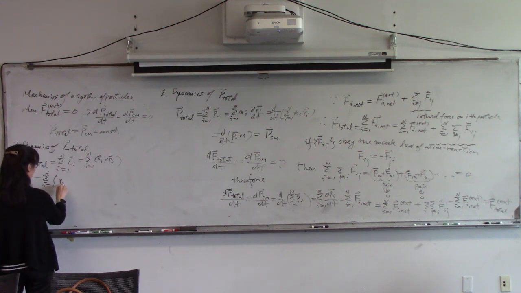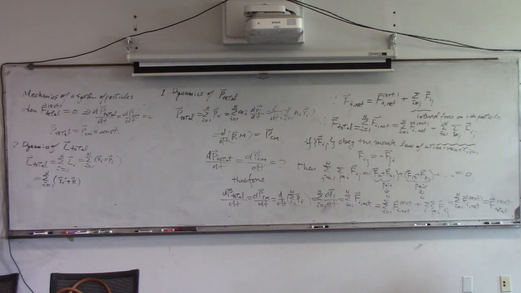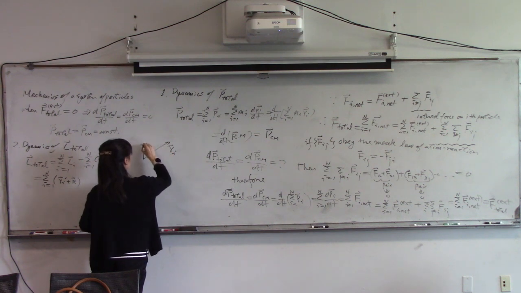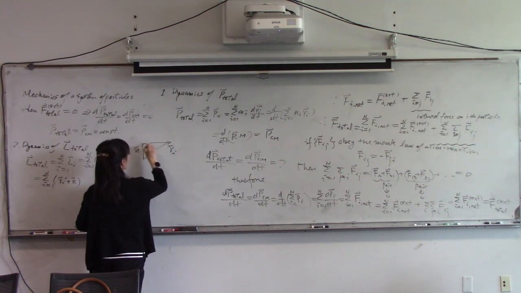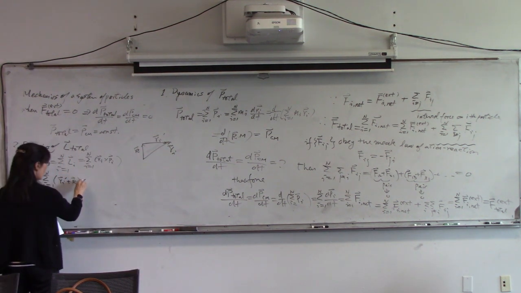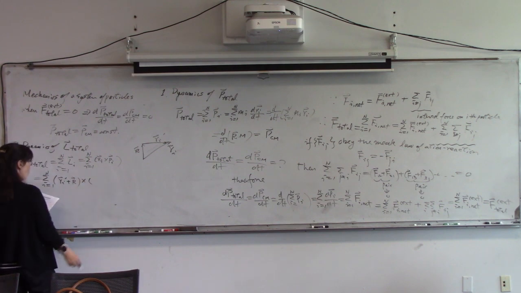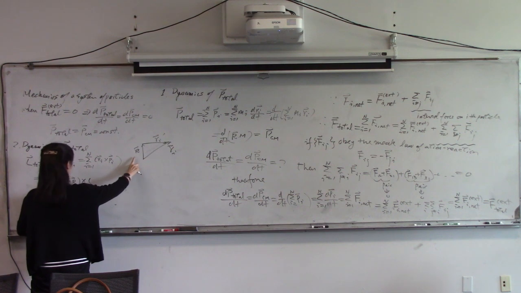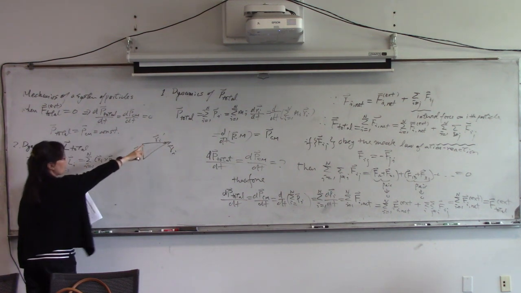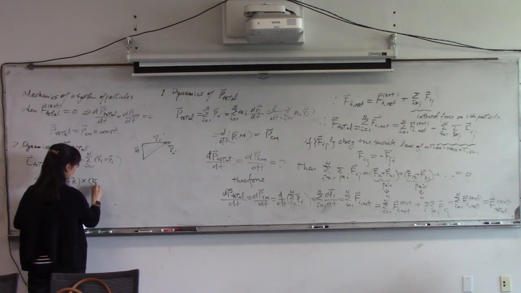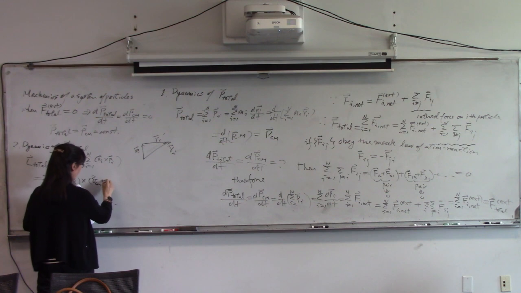Ri is Ri prime plus the center of mass R, right? Remember? This is R, this is Ri prime, and then cross with here. Since this R is so, we take the derivative: that is Ri prime plus this, the velocity of the center of mass plus the relative velocity, right?